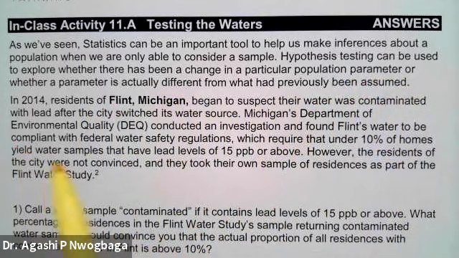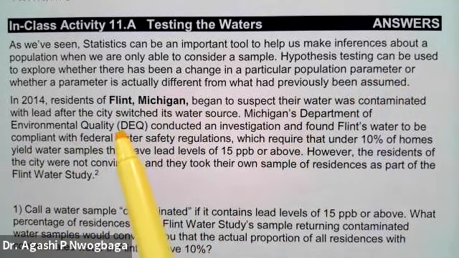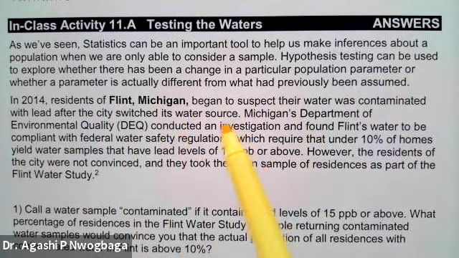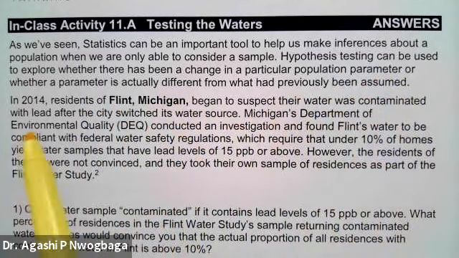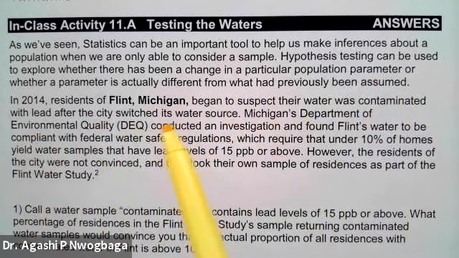In 2014, residents of Flint, Michigan, began to suspect their water was contaminated with lead after the city switched its water source.